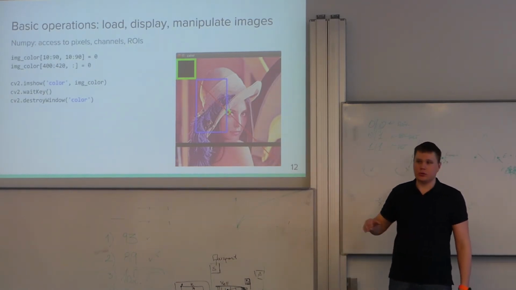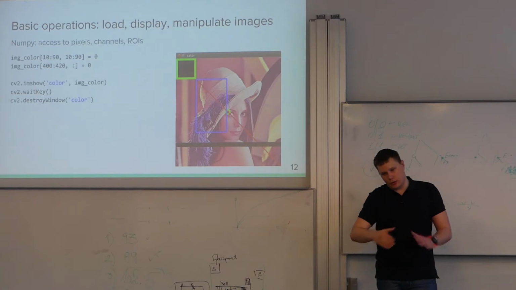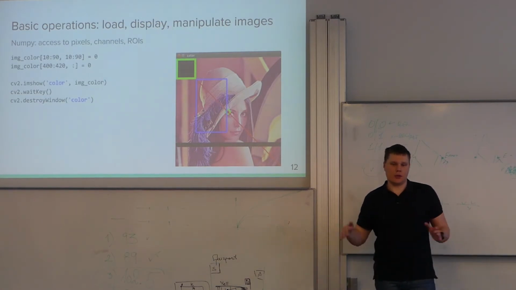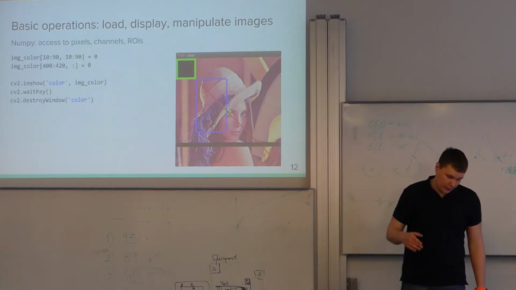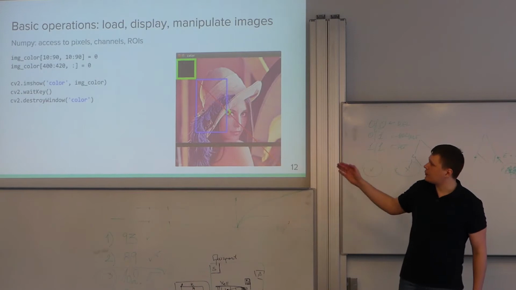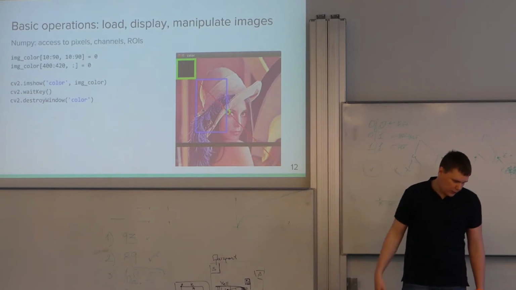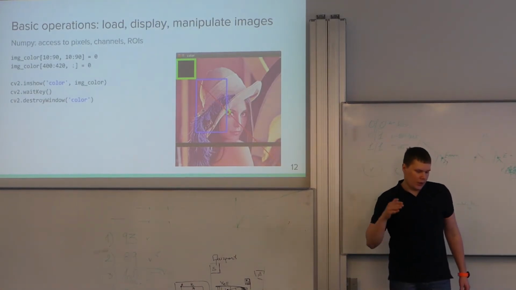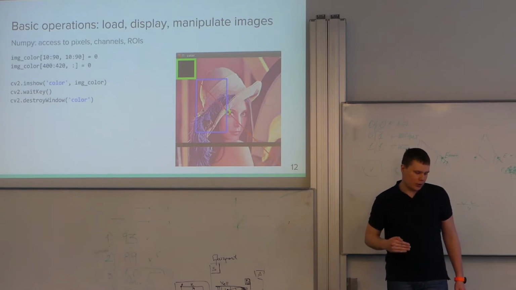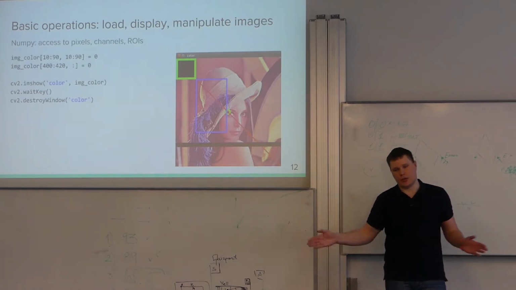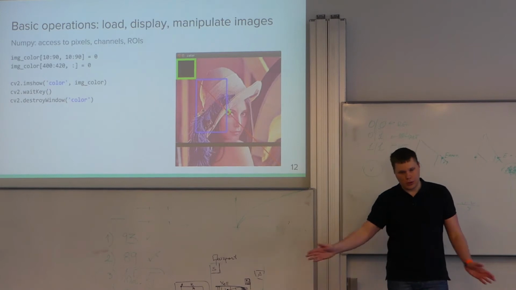Also, it's possible to say I want all the values along some dimension set to some value. The second line does exactly this. We specify only row numbers, but for column numbers we say do it for all columns.